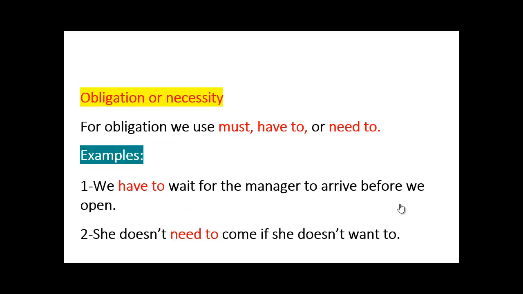For obligation or necessity, we use must and have to, or need to as well. Here are some examples. We have to wait for the manager to arrive before we open. That's like 90%, not a must. She doesn't need to come if she doesn't want to.